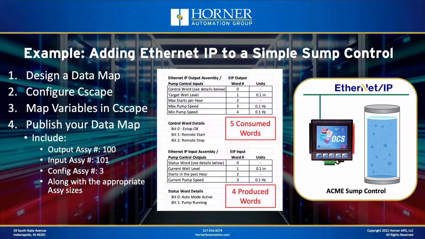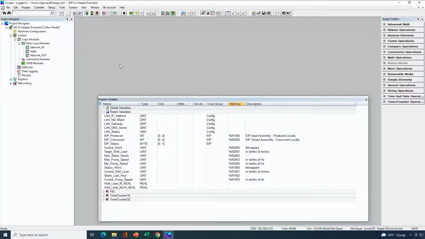Now let's go to steps 2 and 3, which are to configure Cscape, and then also to map variables in Cscape. So now we'll fire up Cscape, and we're going to start in the hardware configuration.